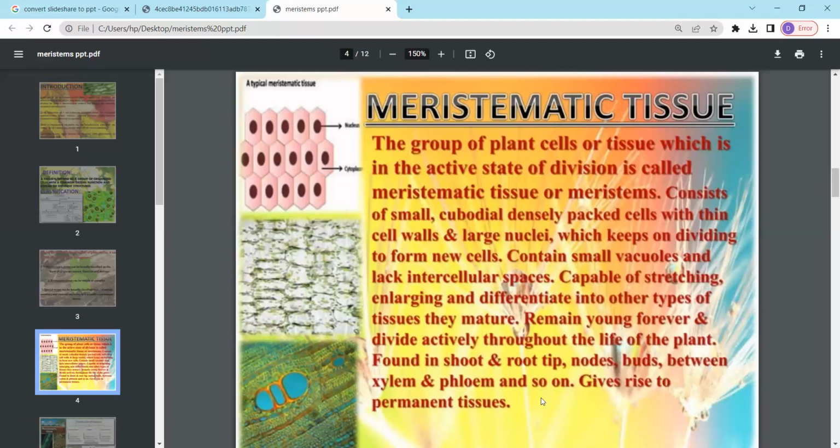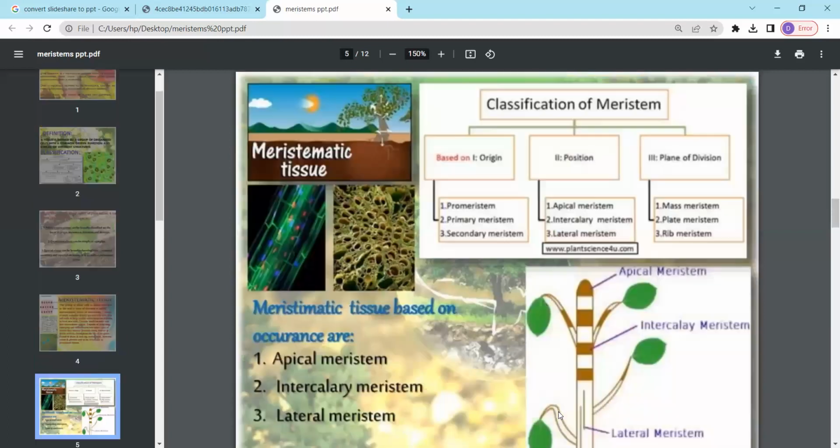Mainly they are present in the shoot apex and root apex, that is root tip and shoot tip, and also on the nodal regions and in the young buds, and help in cell division. And this gives rise to the permanent tissues.